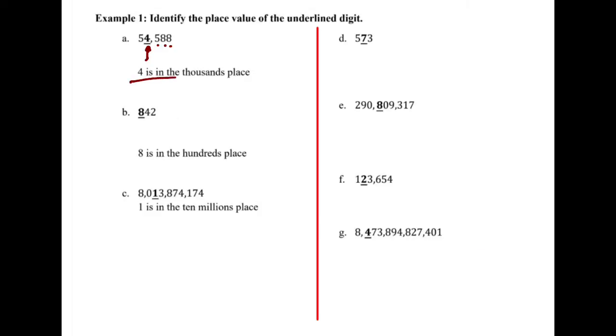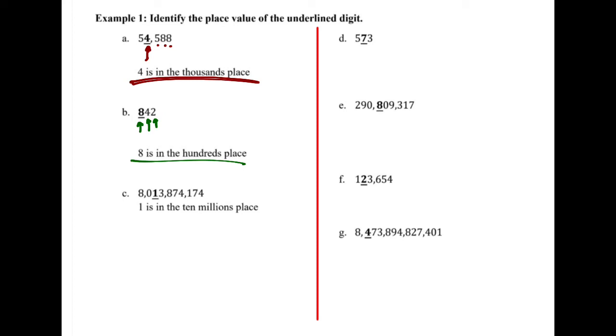So that's why they say 4 is in the thousands place. Okay, so the next one, 8. If you can remember without me going back, we have ones, tens, hundreds. So that's in the hundreds place.